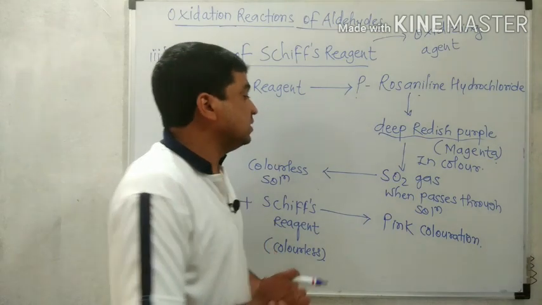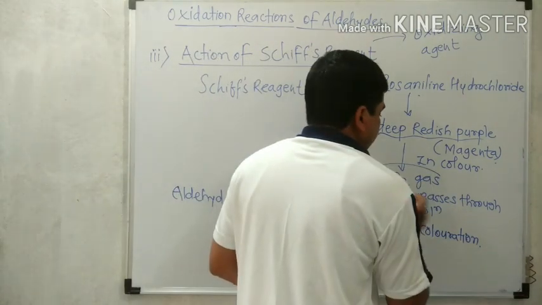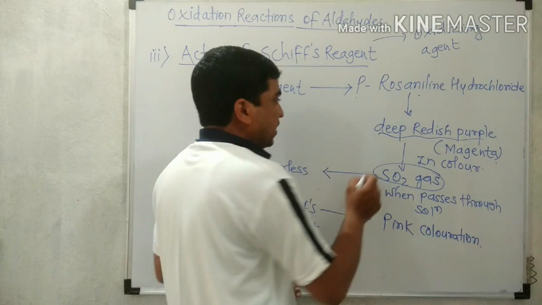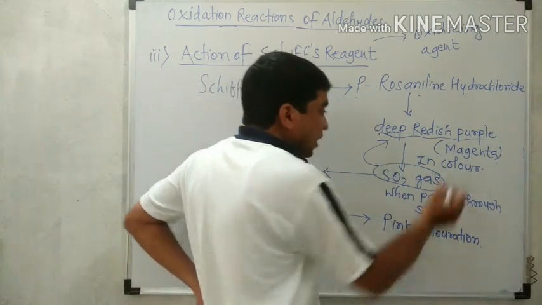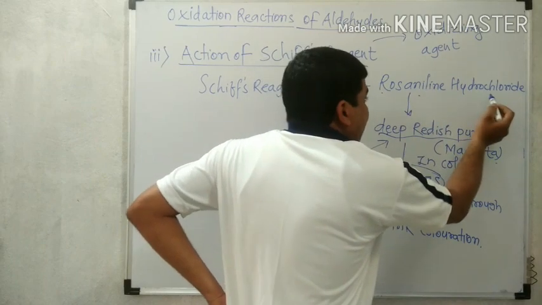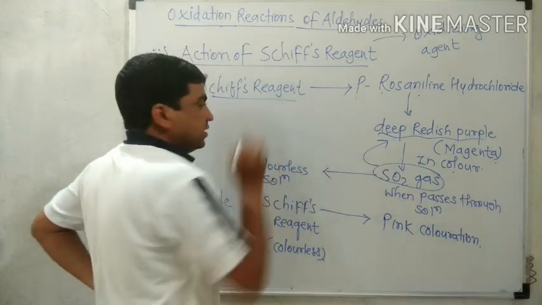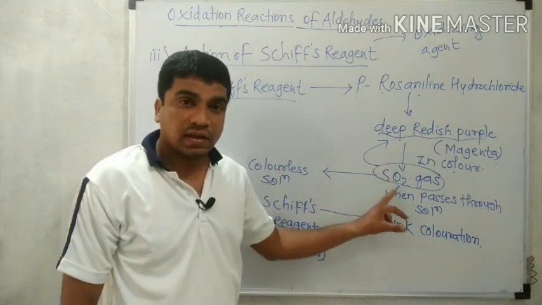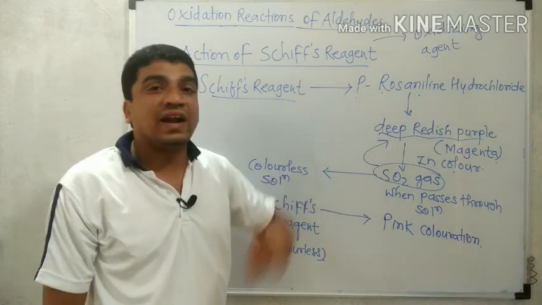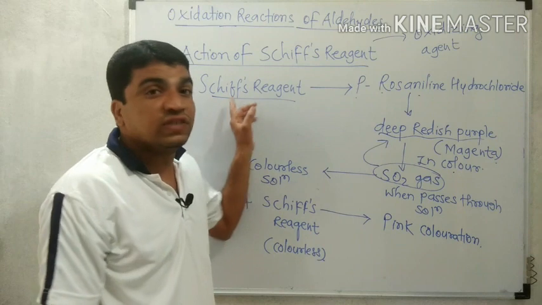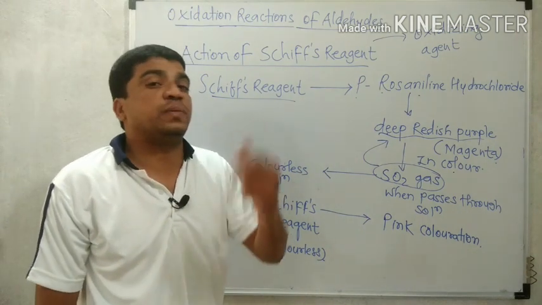So when SO2 gas passes through this deep reddish purple para-rosaniline hydrochloride, that is the Schiff reagent, for which purpose?